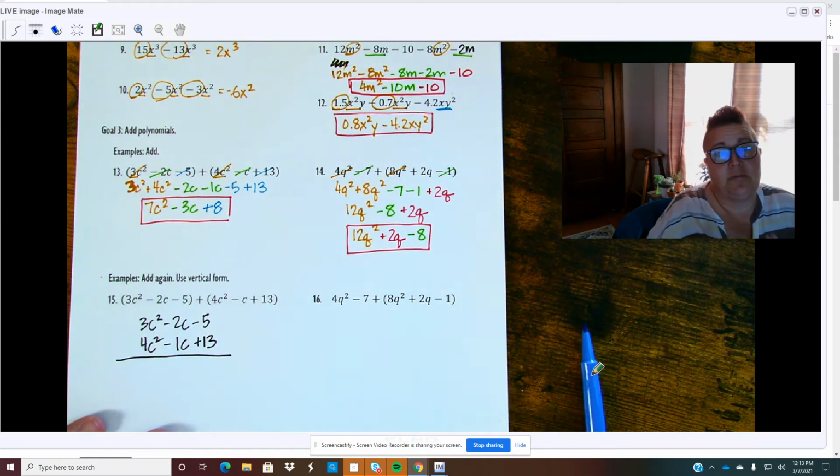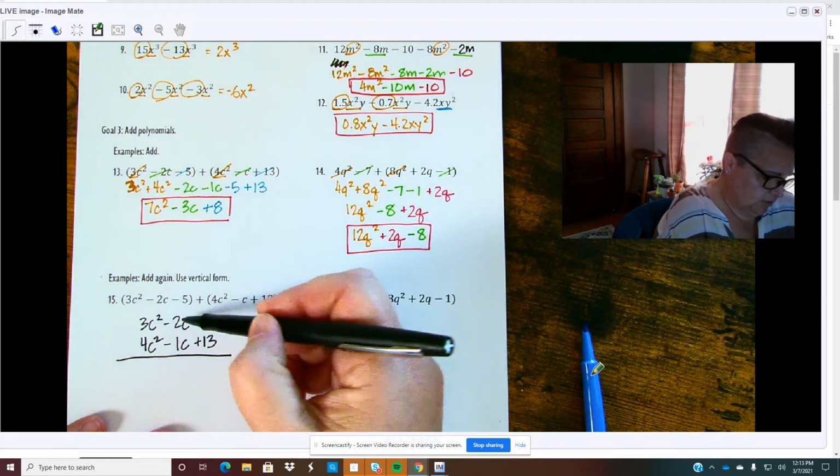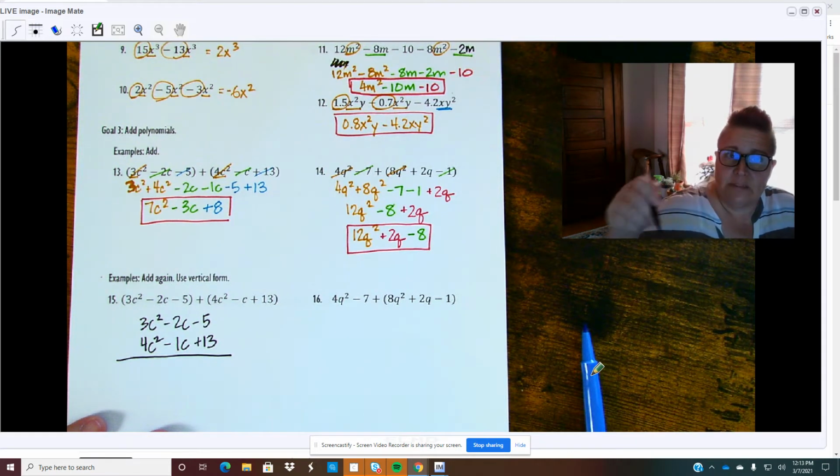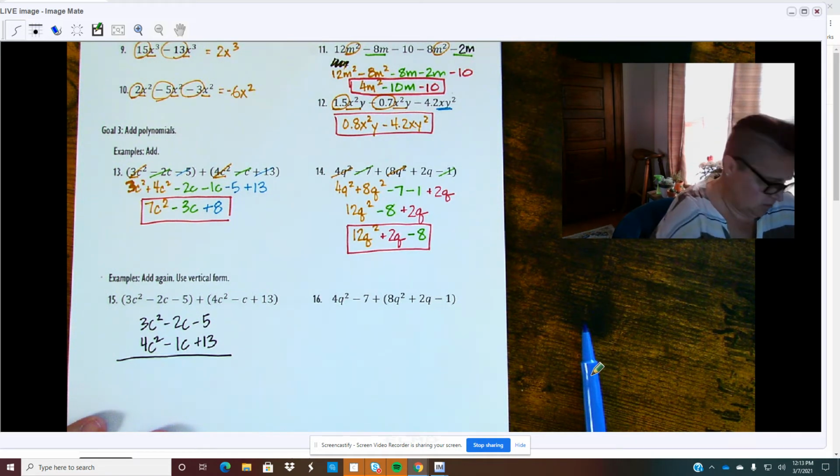And sometimes you will see these underneath each other like this, just like old school addition with numbers, where the like terms are directly underneath each other. You probably did it with decimals in place value, where you lined up the decimal points. This is that idea, okay?